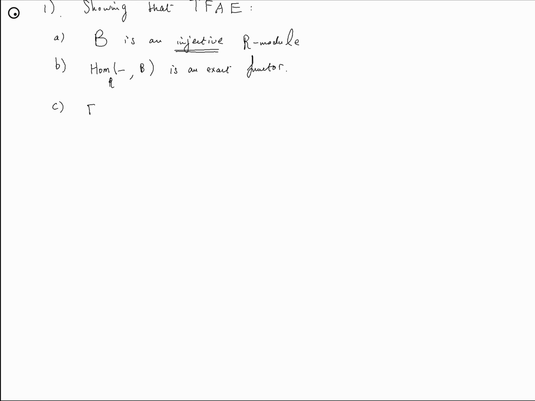Third, we can use Ext groups. So this vanishes for all i non-zero and all R modules A.